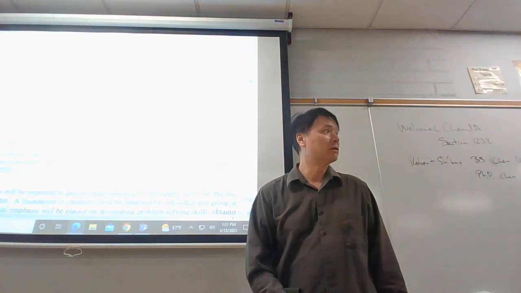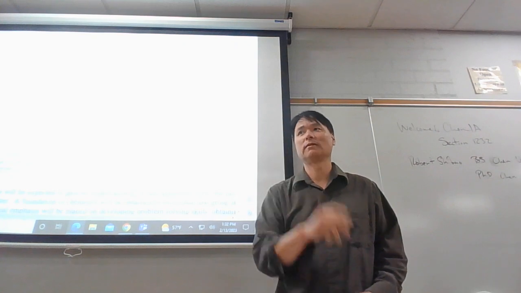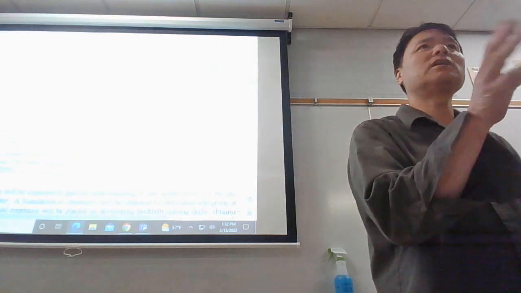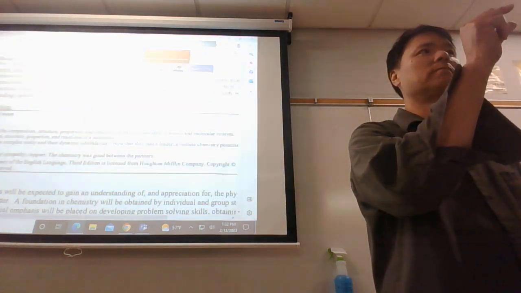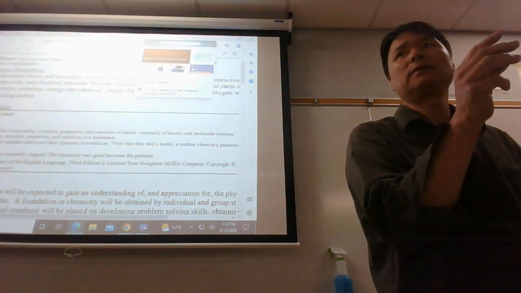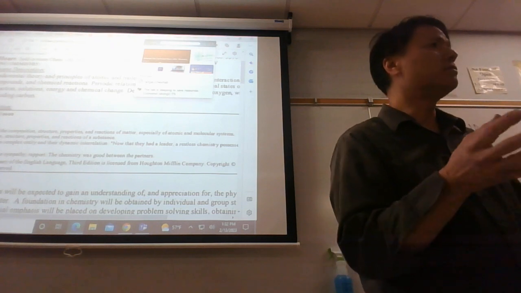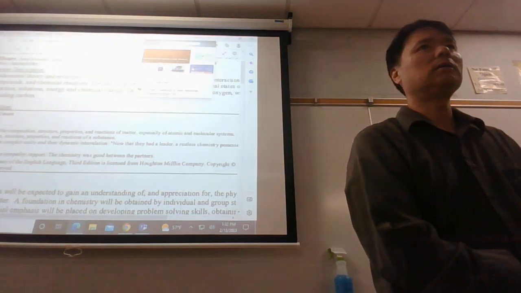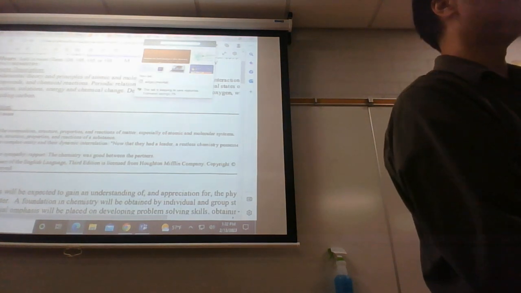Color. Shape. The crystal shape. That's what we try to identify the minerals using. We try to identify the minerals using physical properties. The color, the shape. Although it's hard to do this in the field, but there are other properties that we could if we had some tools.